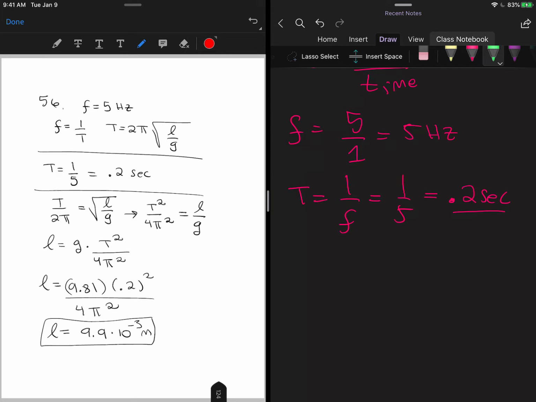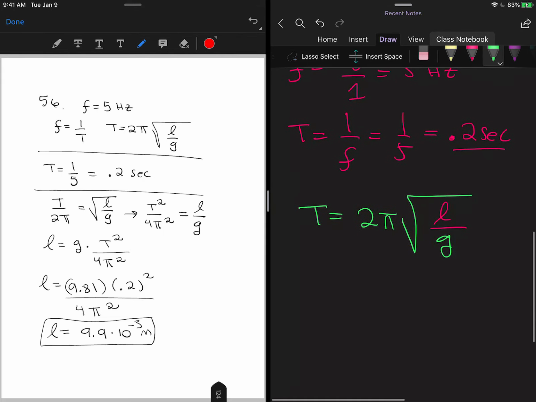So we use the equation period equals 2 pi multiplied by the square root of the length of the pendulum divided by g. So here we'll have to do some algebra. Let's divide both sides by 2 pi.